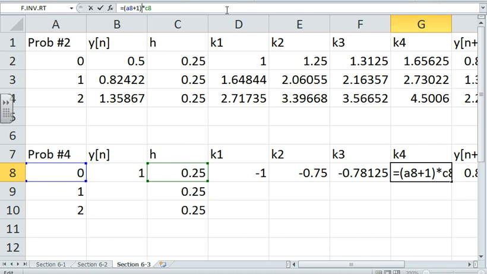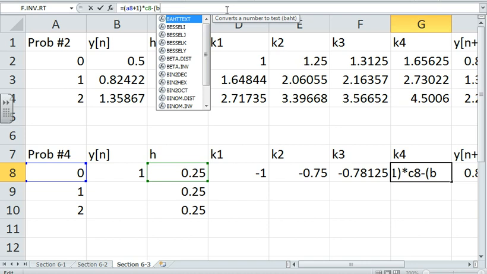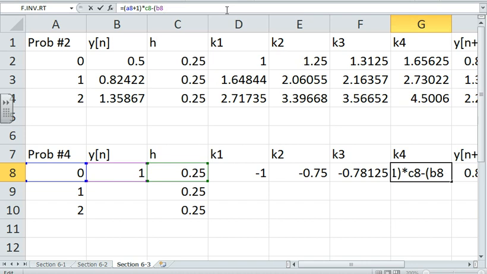So that's my x, n plus 1, minus my y, n, which is B8, plus h, C8 times K3, which is F8.